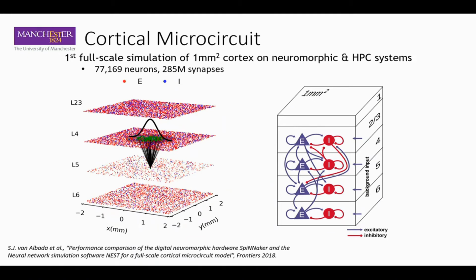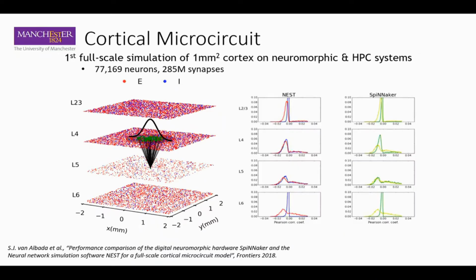And the 77,000 neurons and almost 300 million synapses, and we could show that on SpiNNaker you get very similar results to Nest.